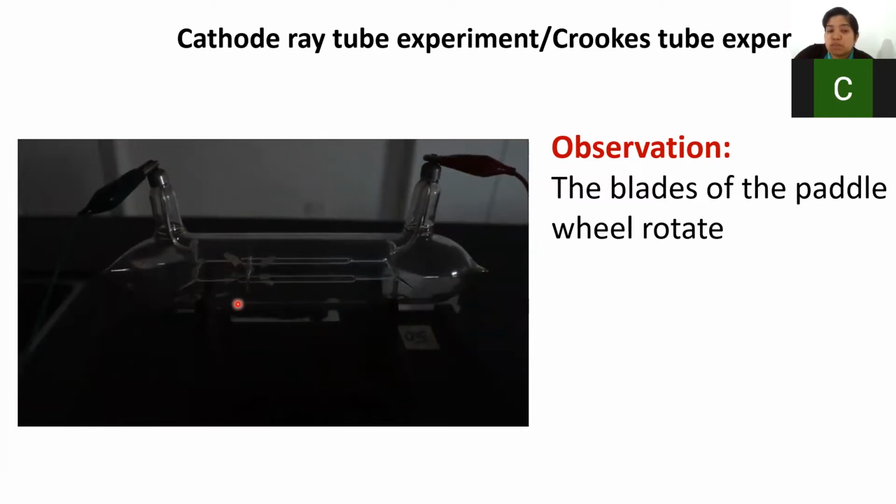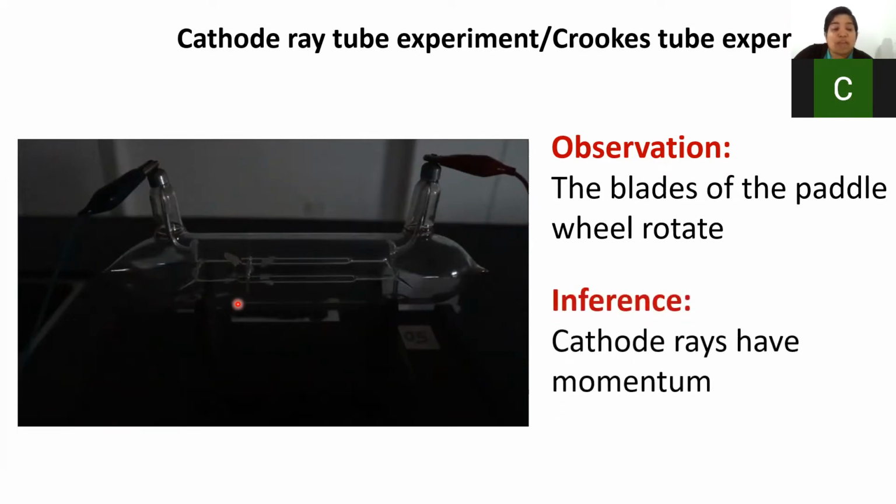So in this experiment, our observation is that the paddle wheel is going to spin. And from that, we can conclude the cathode rays have a momentum. If not, in some places, they said that the cathode rays have a mass and kinetic energy.